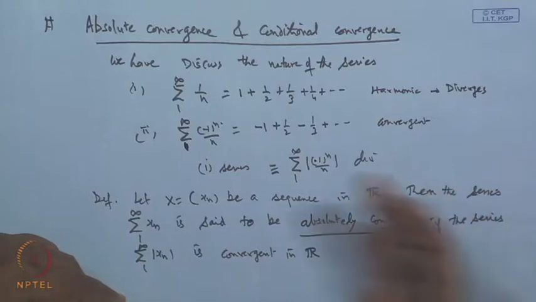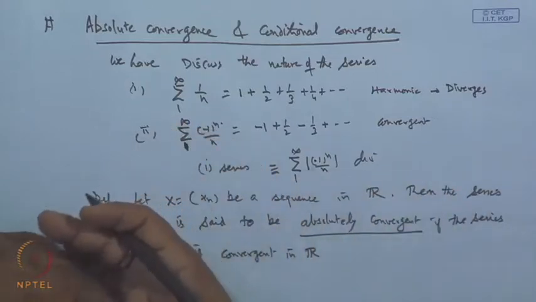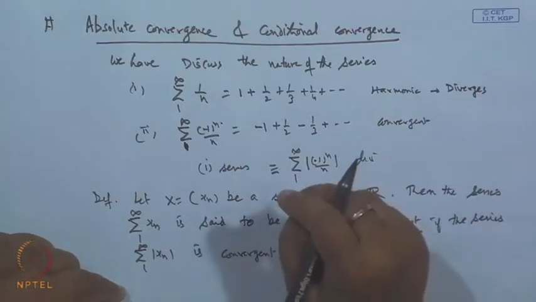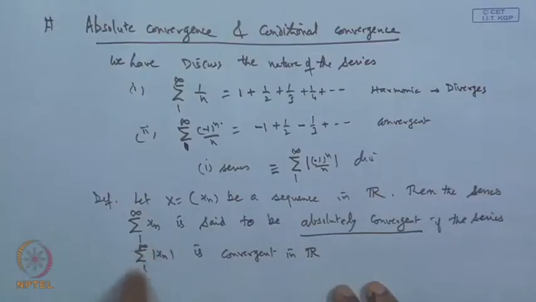Why? Because the limiting value is 0, which is away from the set. So, for convergence, the limit of the sequence of partial sums must exist, and it should be a point in the set, the domain where we are considering. So, when we say it is convergent in R, it means the sum must be a real number.